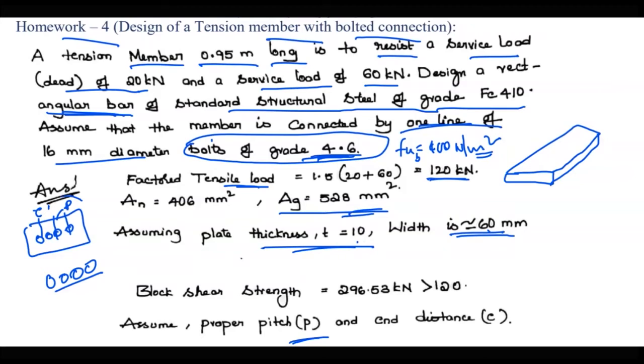And I will give you a clear picture of the calculation of E and P in the next video that I am going to share. By that time, in order to design this E and P, you just need to follow these codal provisions.